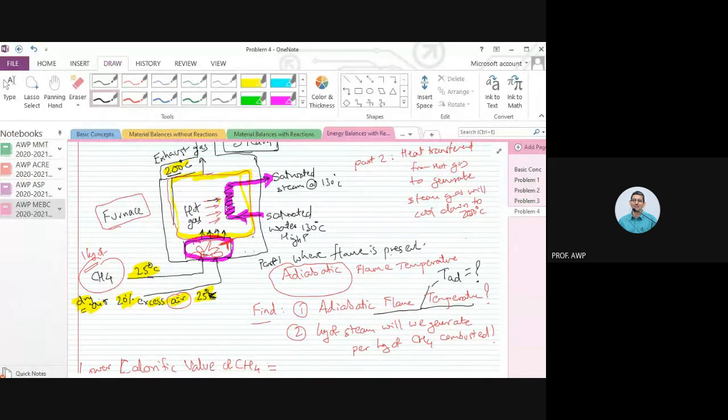And Edith. Your voice is so soft, I can barely hear you. Very soft spoken person. Just Google lower calorific value of methane.